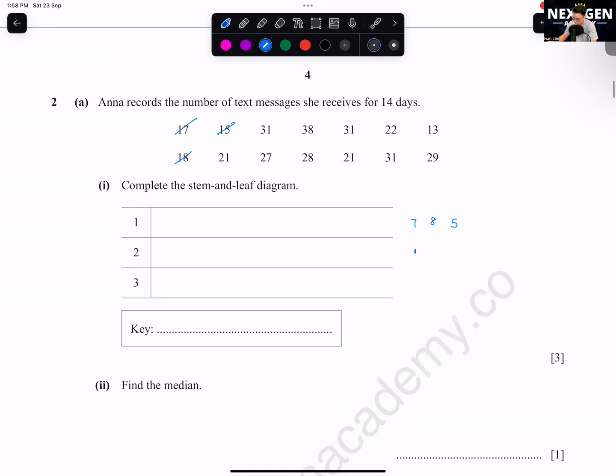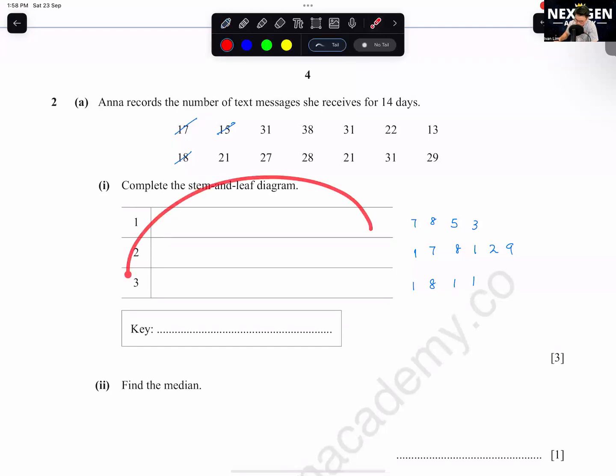Then here, 1, 1, 7, 38, 28, 31, 21, 22, 31, 13, and then 29. Just put them into the groups at the side first.